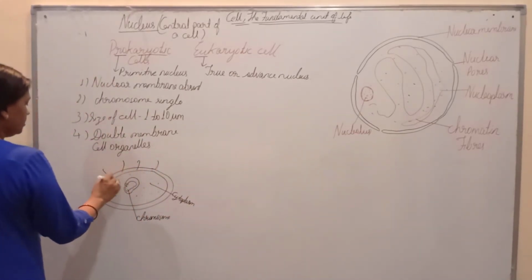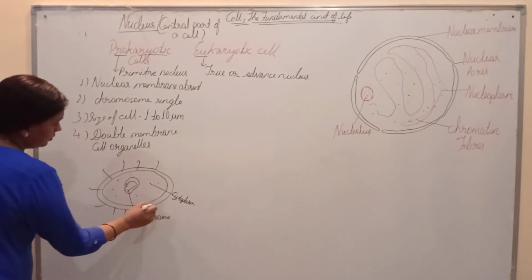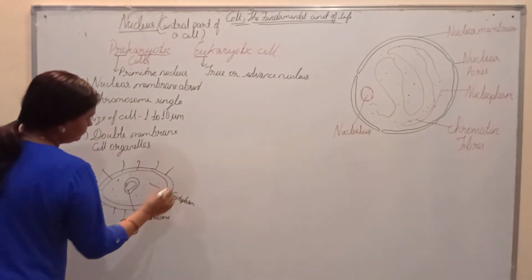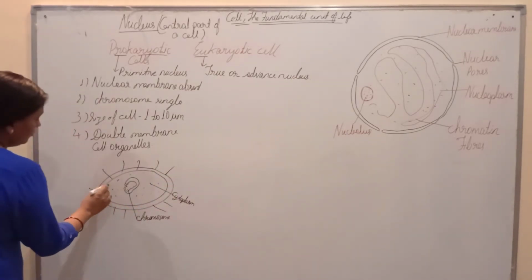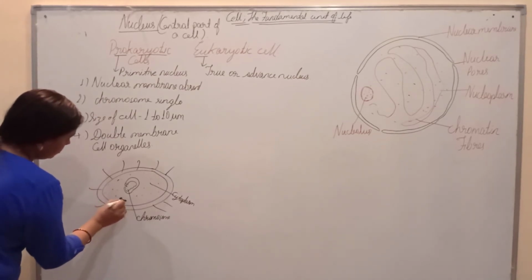A hair-like structure appears all over the body, and ribosomes are the only cell structure found inside.